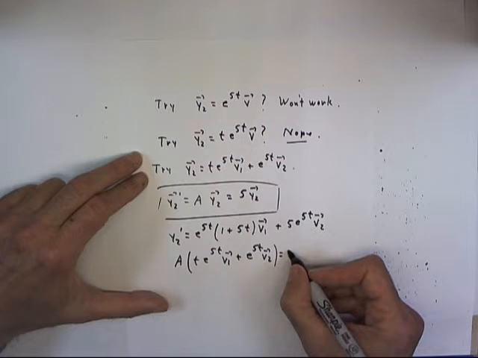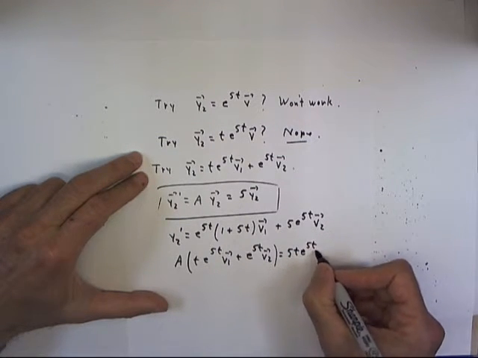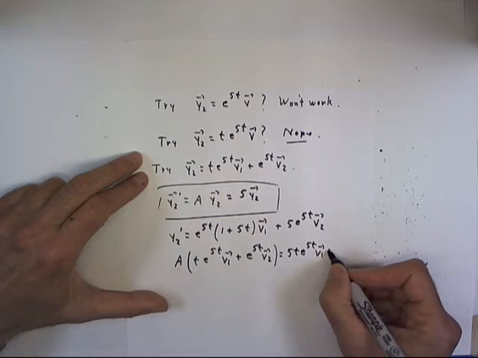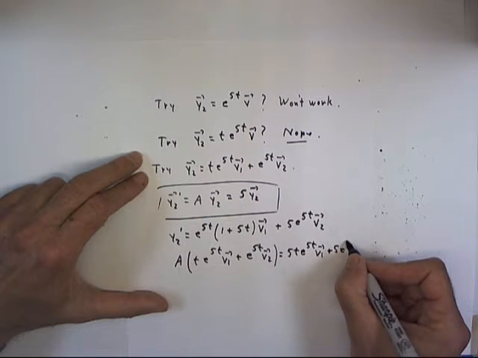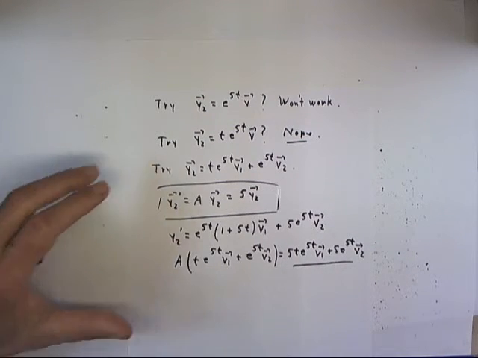So that should be 5t e to the 5t v1 plus 5e to the 5t v2.